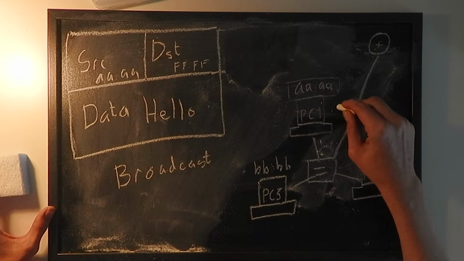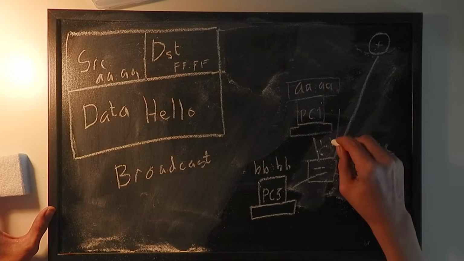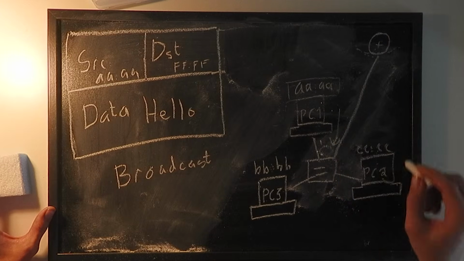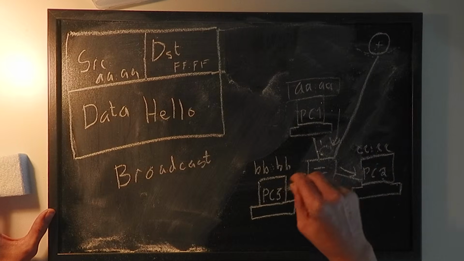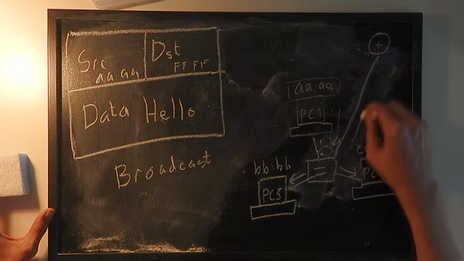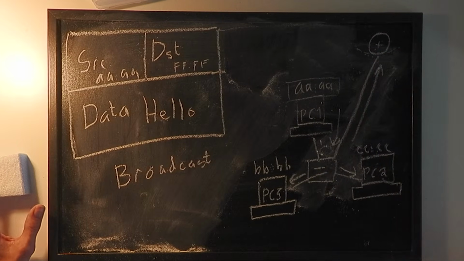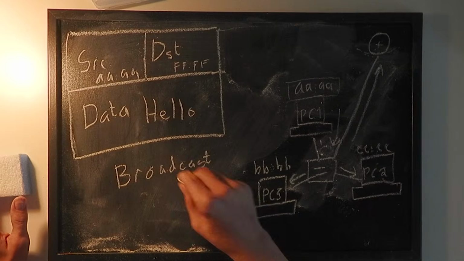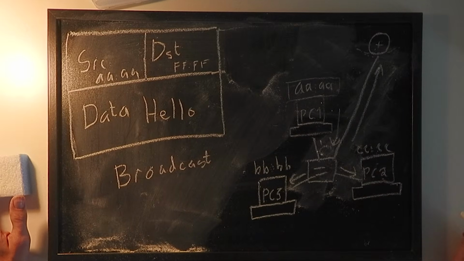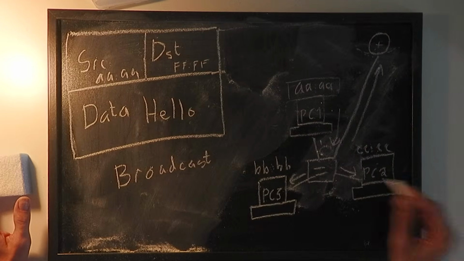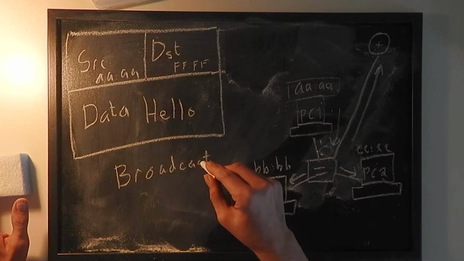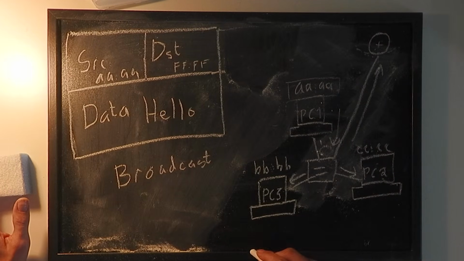PC1 will send this to the switch, and the switch will send it to every single device on the network, like this. And that's the purpose of a broadcast. So if it does not know the destination MAC address, it's going to send it as a broadcast.